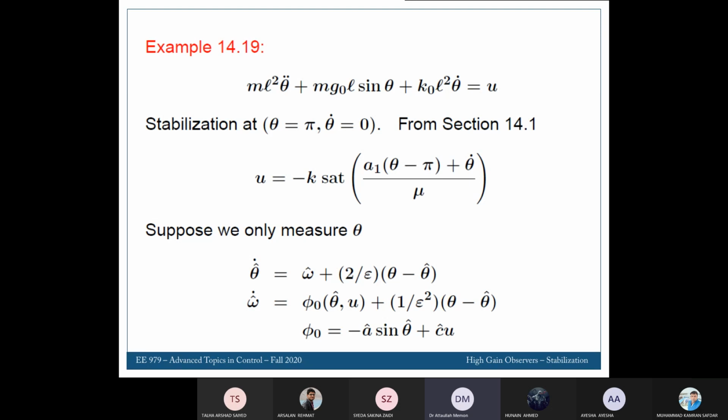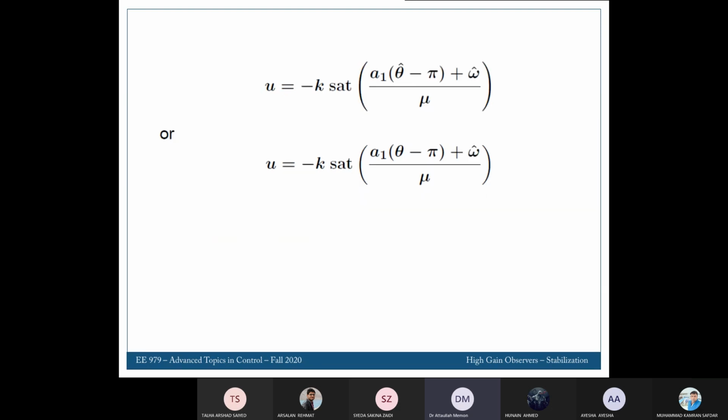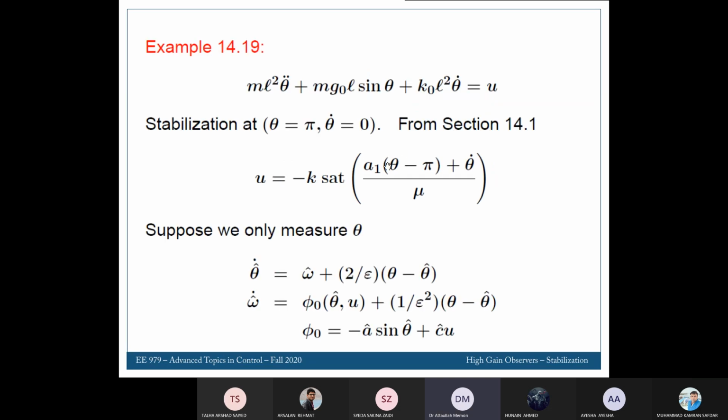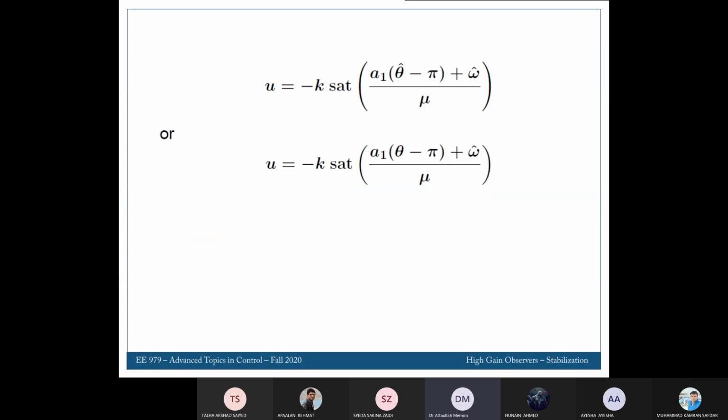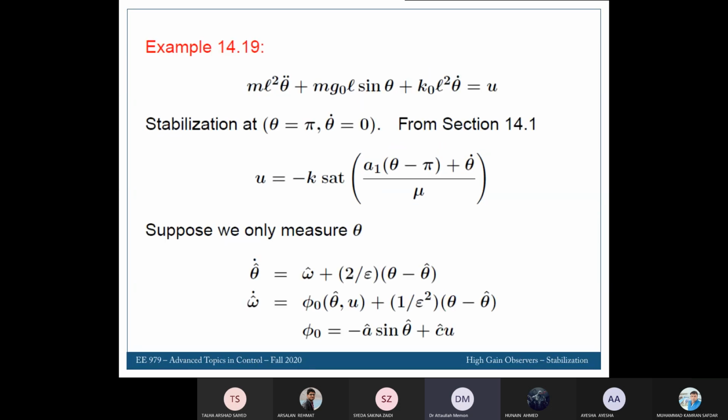Okay. And now you have a couple of options here. Number one, you can use theta hat as well, and you can use theta hat dot as well. For example, this is theta hat and this is omega hat, because this is the angular velocity of the system.